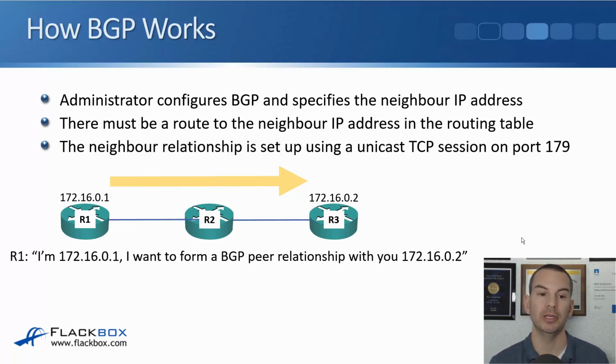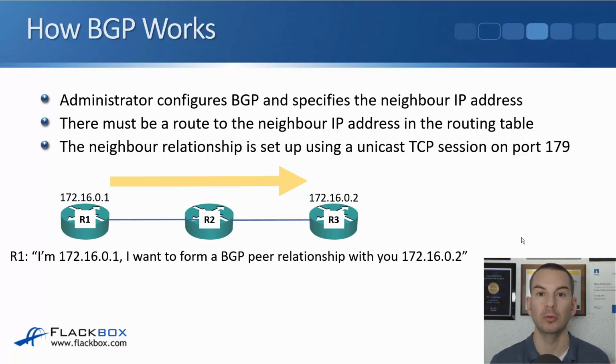You can see in the example here, we've got R1 with loopback IP address 172.16.0.1, and we've got R3 with IP address 172.16.0.2, and there's R2 in the middle of them. We configure R1 and say that we want to form a BGP peering with 172.16.0.2.